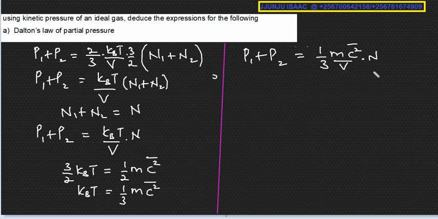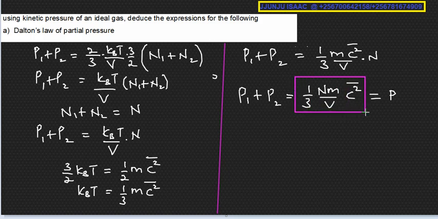And we can see that now P1 plus P2 is equal to a third N m over V c squared bar, and this is a very common expression which we know stands for pressure.